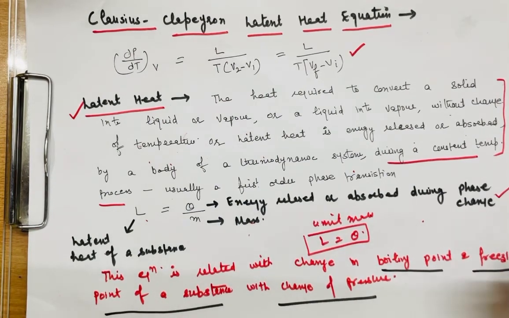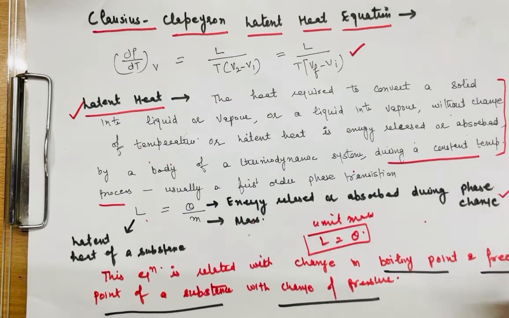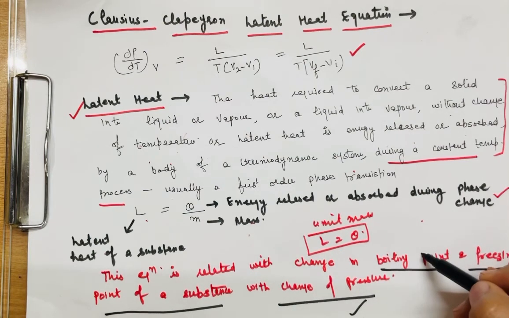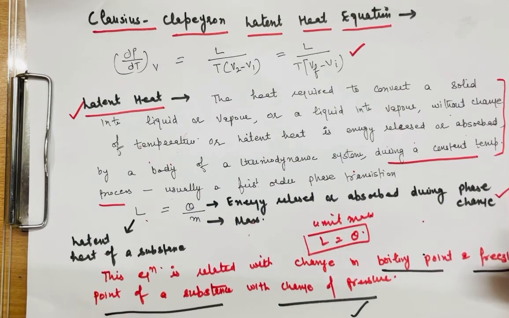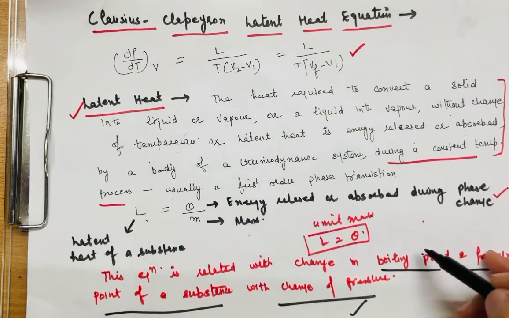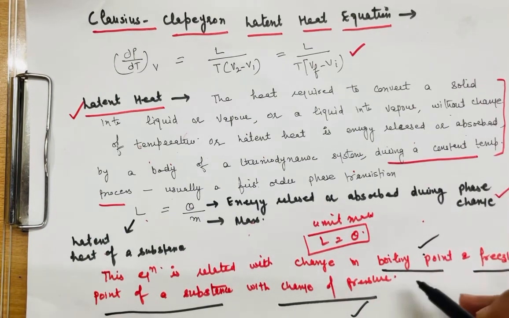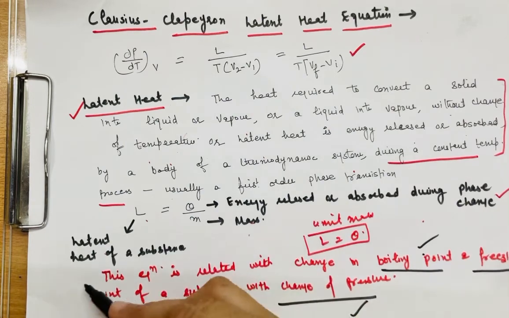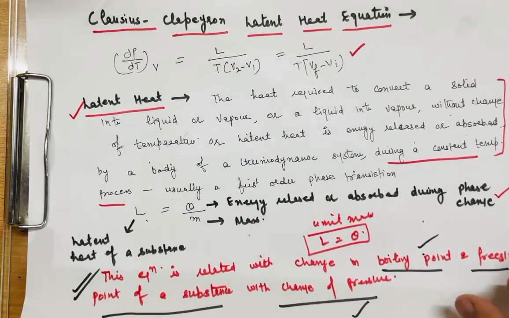For example, if water is at its boiling point and we change the pressure, then the temperature will also change. So there is a change in the boiling point or freezing point of a substance with change of pressure. Clear? This is the significance of this equation: it deals with the change in boiling point or freezing point with the change in pressure.